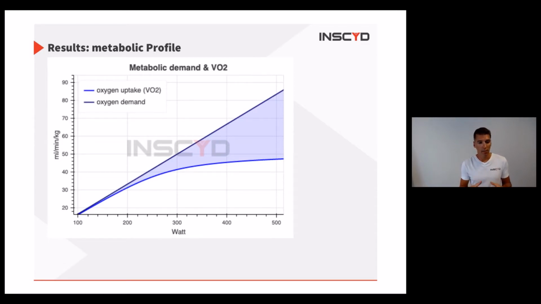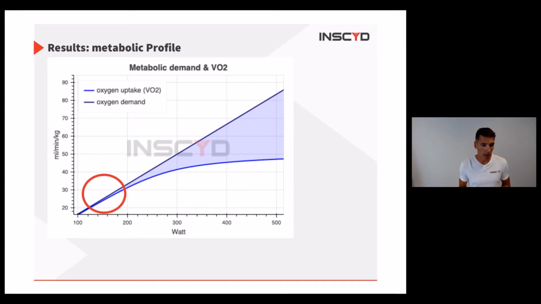And then the light blue one is showing you, this is why we choose oxygen here as the unit or as a metric, the light blue one shows you how much of this oxygen is basically covered by the aerobic metabolism. So how much of that is covered by VO2?